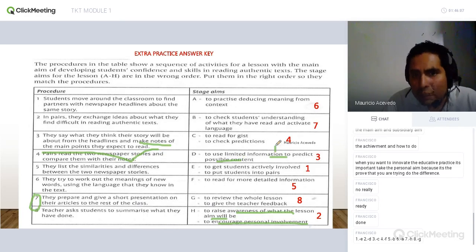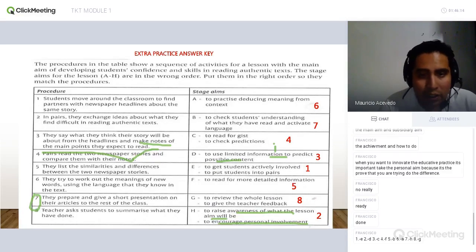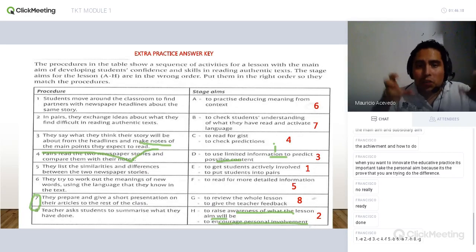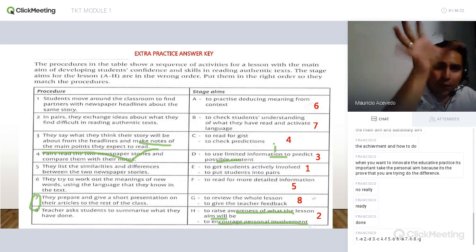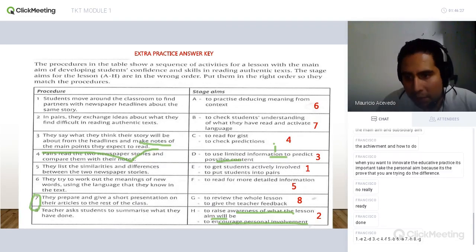So it's very similar. Okay, number four is letter F. You wrote letter F, and it is letter C. Because then you need to focus, you need to have a reading for gist. That means going through the main idea but at the same time getting all the information about the text. Okay, number five, it's B.